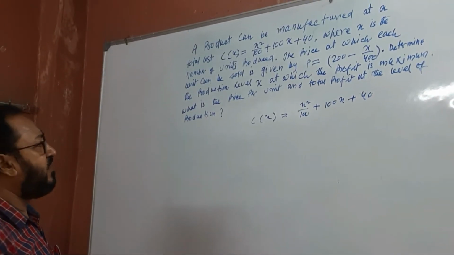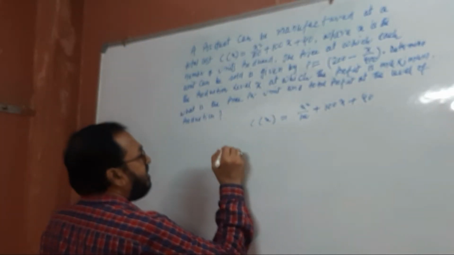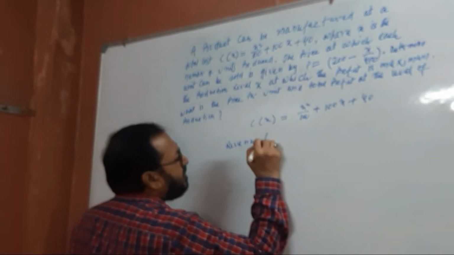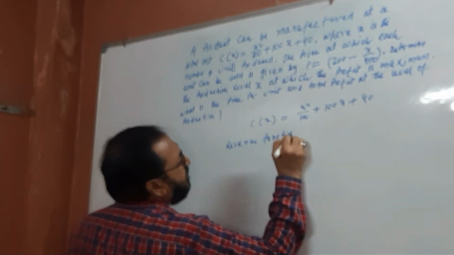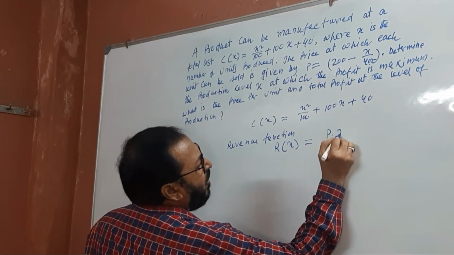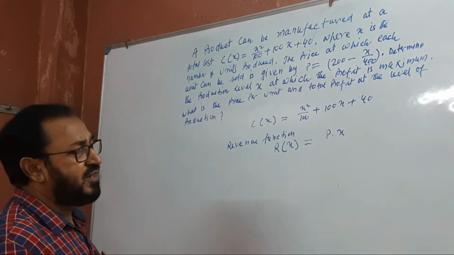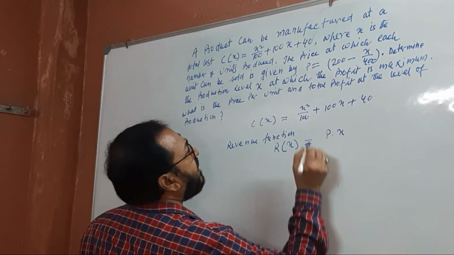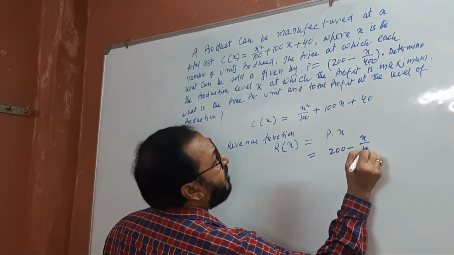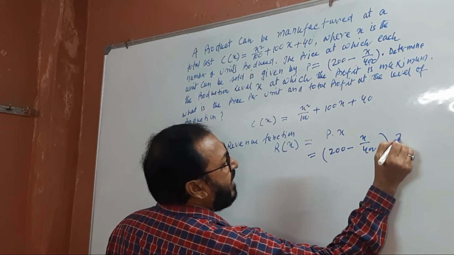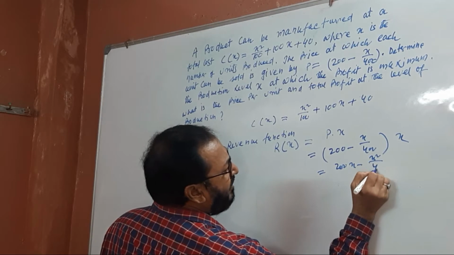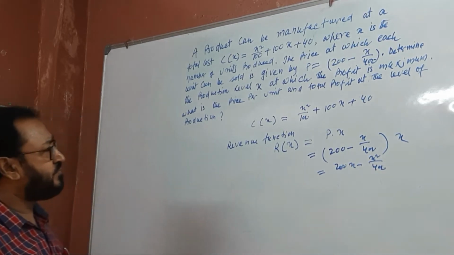And the revenue function R(x) equal to price into quantity, where x is the quantity. The price function given in the problem is 200 minus x by 400. Price into quantity x equal to 200x minus x squared by 400. This is the revenue function.